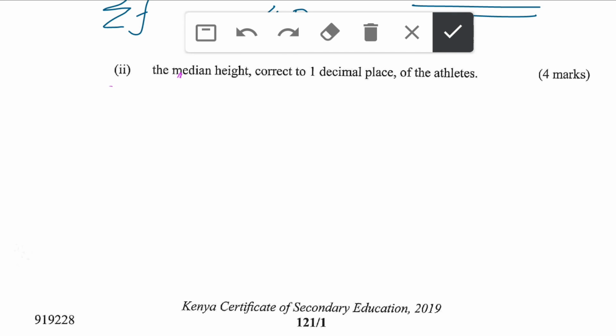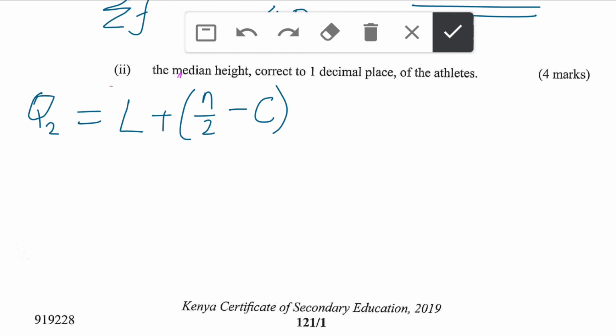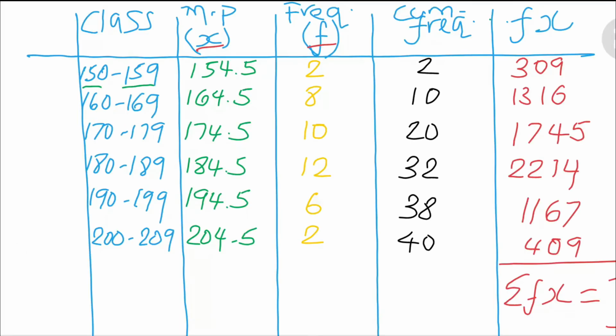Median, which can well be represented by the mid quartile or the 50th percentile, or Q2, is usually given by L plus into bracket n over 2 minus C, all that over F times I, where L represents the lower class limit of the median class, N represents the total frequency, C represents the cumulative frequency above, F is the frequency of the median class, and I represents the class interval.